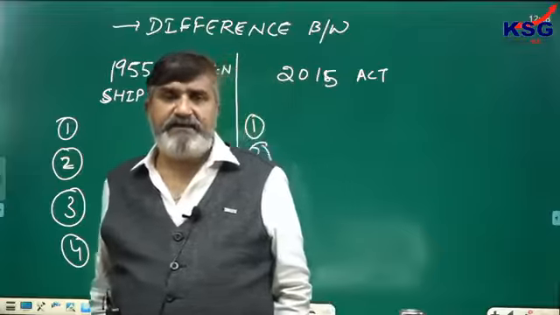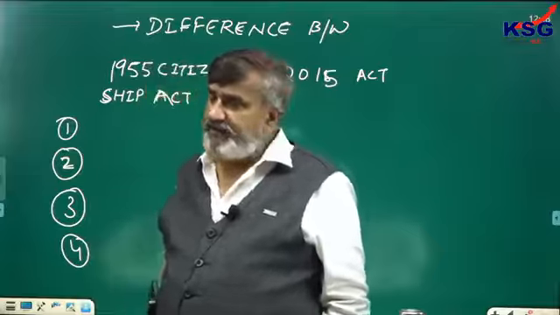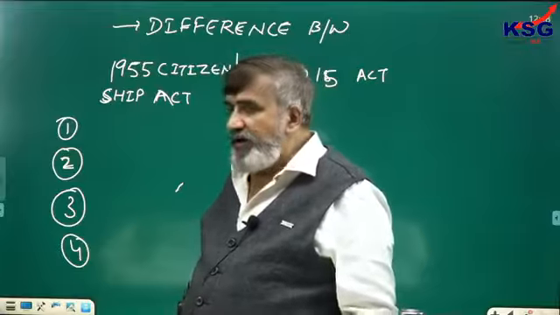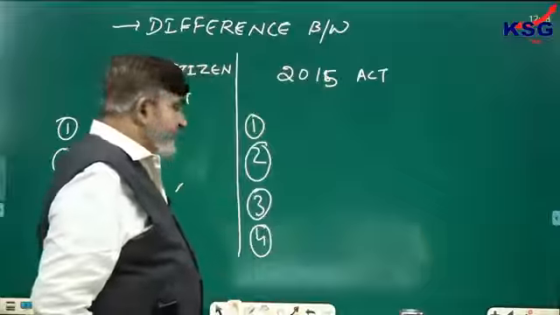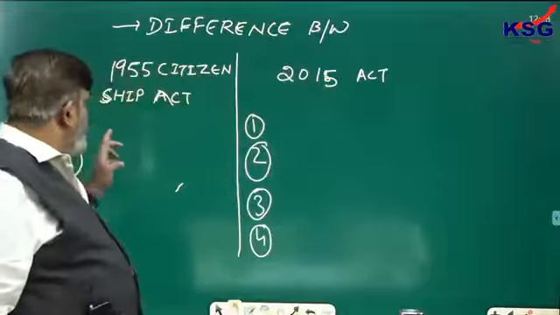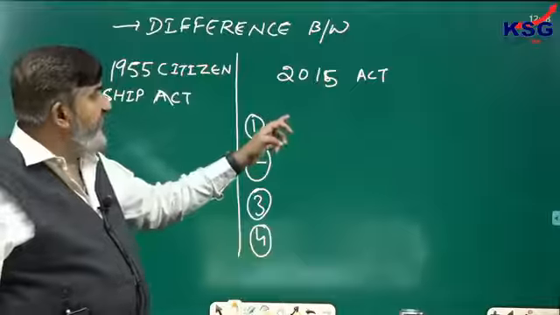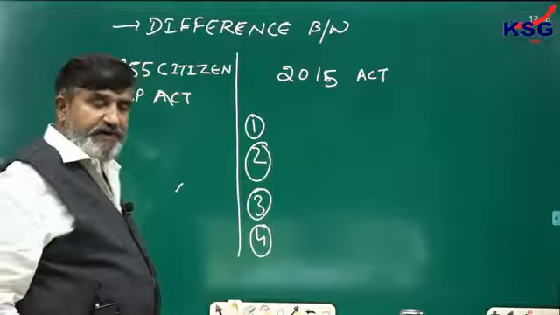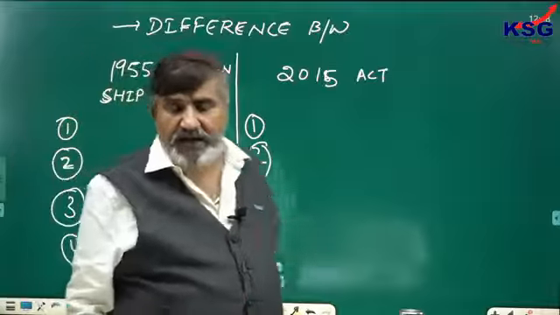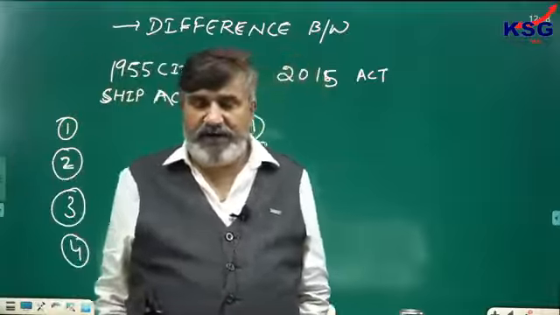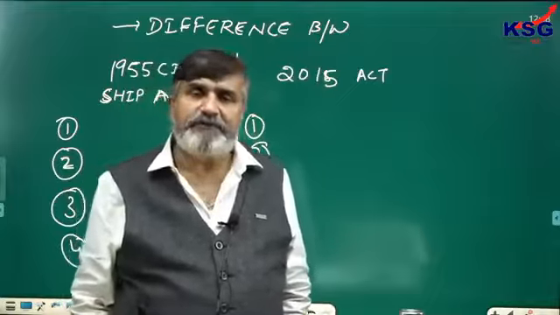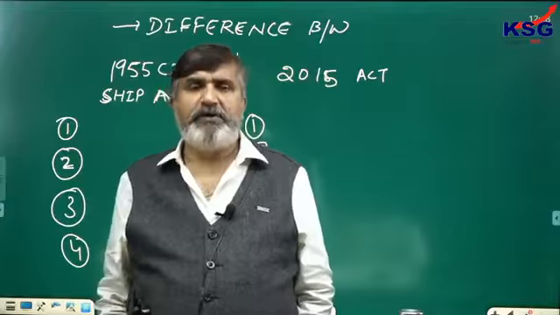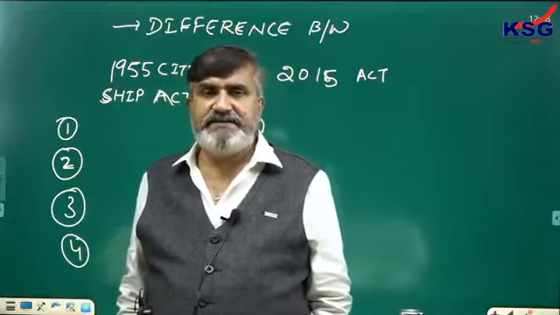If that condition is fulfilled, then the person may or may not be granted Indian citizenship. This was the earlier provision under the 1955 Citizenship Act. This provision has been done away with in the 2015 Act. So, what is the new provision? Now an OCI card holder is allowed to leave India for a total of 30 days, and still if the government is satisfied, he or she may be granted Indian citizenship.